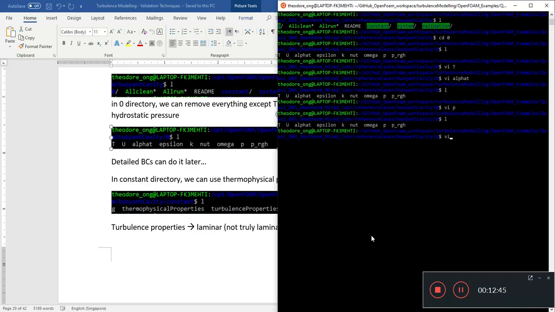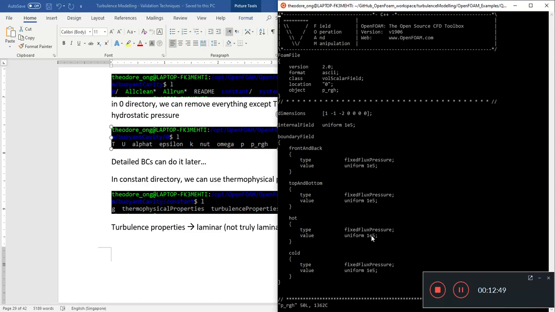So most of the pressure settings you want to put in here. And what it says here in this p_rgh, we have a fixed flux pressure, which is slightly different from the zero gradient we saw just now.